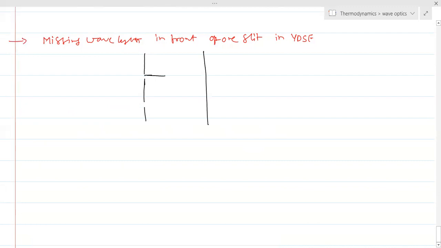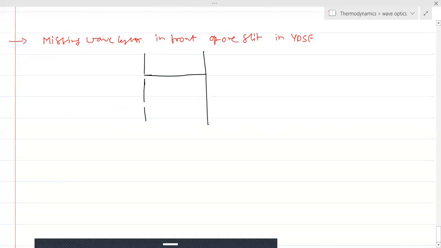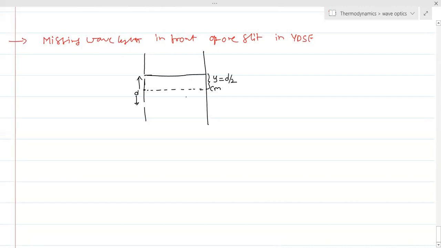In front of one slit means we are taking like this. We know this is the center, and we know very well this distance is D. From the central maximum, this is Y. So from the diagram, it is very clear that Y is equal to d by 2.